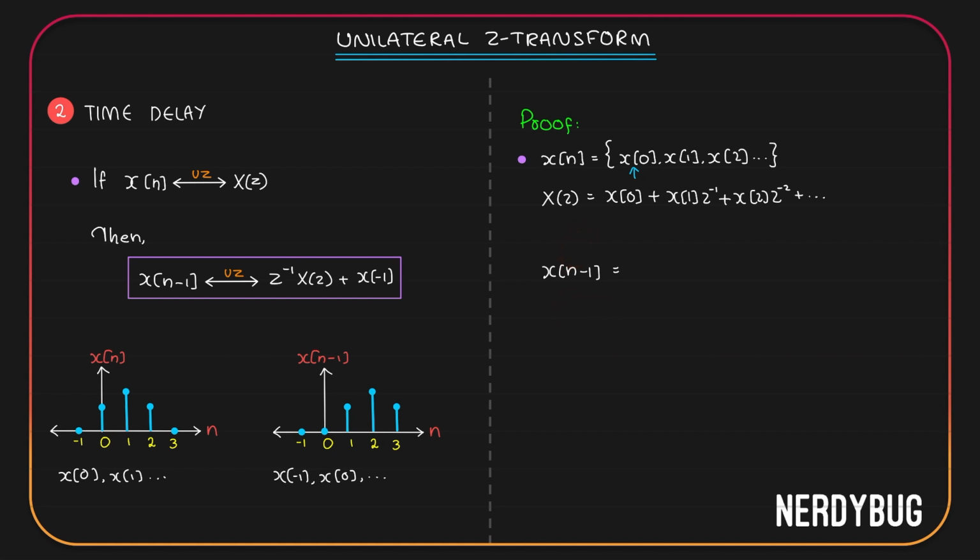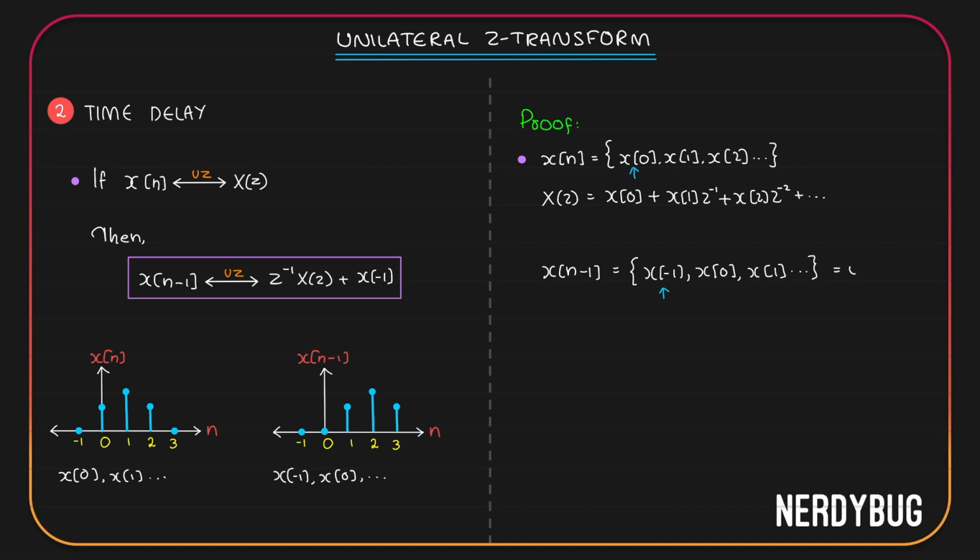If you give n equal to 0, this becomes x of minus 1. So the first term in this set is going to be x of minus 1. If you give n equal to 1, you get x of 0. If you give n equal to 2, you get x of 1. It goes on like that. We may have infinite terms. The 0th term will be this.